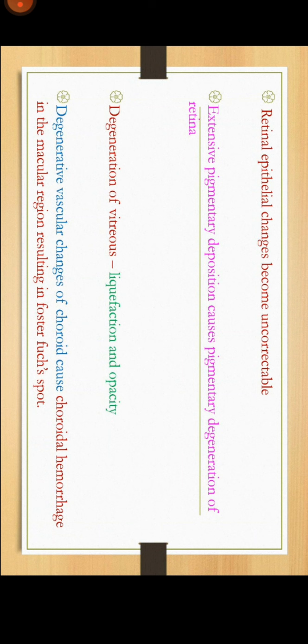Neovascularization means new vessel formation. Due to the degeneration or the lack of blood supply there, new vessels are formed, but the new vessels are not healthy. They will rupture and cause bleeding also, and cause some pigment lesions. It is called Fuchs spots. It is mainly seen in the first degenerative stage.